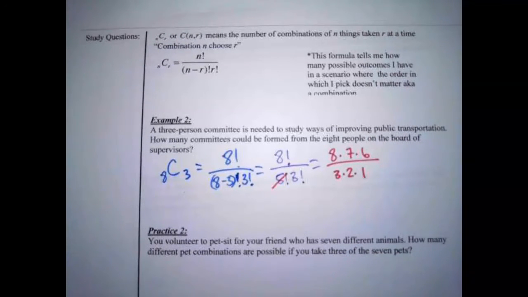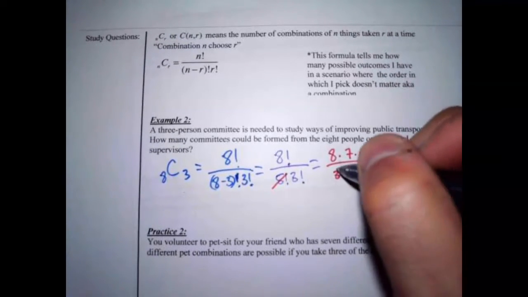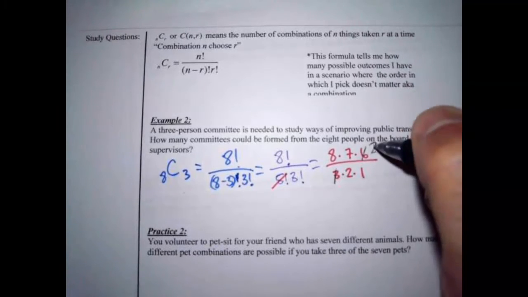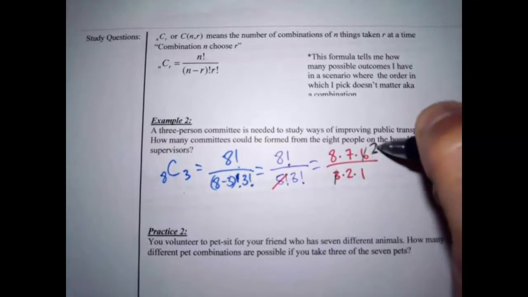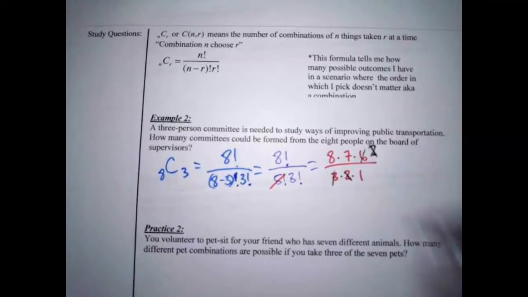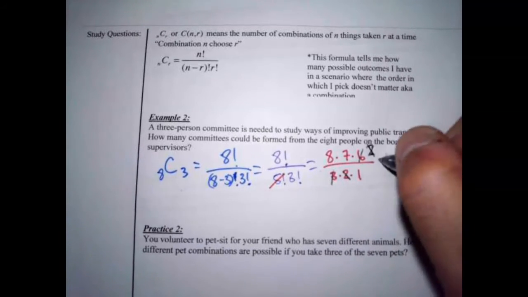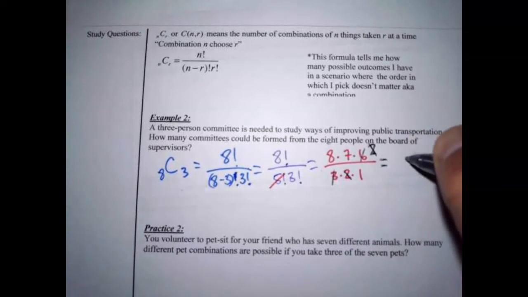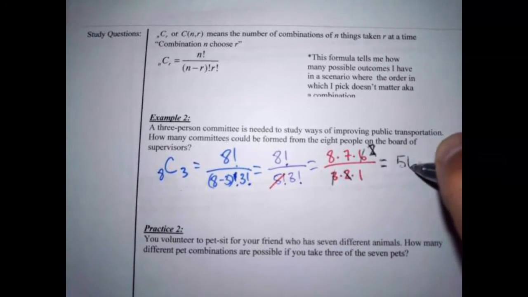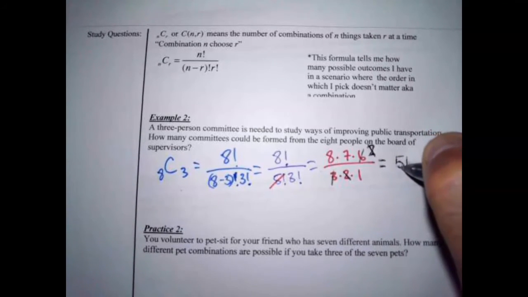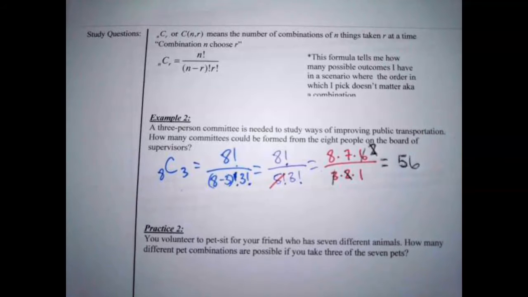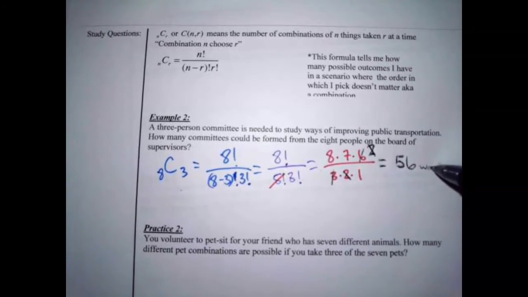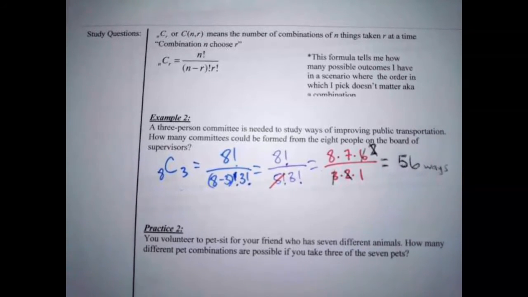I can cancel the 3 with the 6, and I can now cancel this 2 with this 2, and then they've canceled everything. All I have left is 8 times 7. So there's 56 different ways that a 3-person committee can be selected from a total of 8 people. 56 ways.